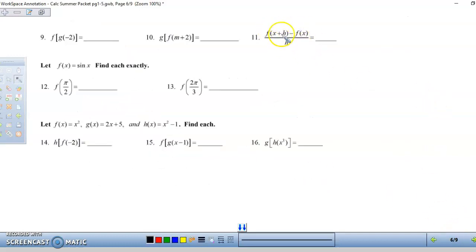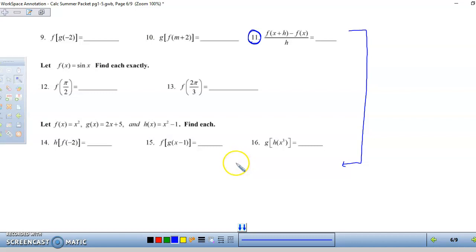Next one I'm going to go through with you is this number 11. Okay, this is an insanely important concept to be able to do for calculus. It's one of the major concepts using this particular expression. So I'm going to do this down here because that's where you have room.